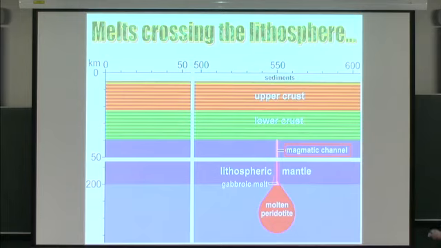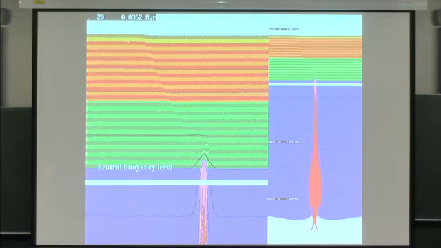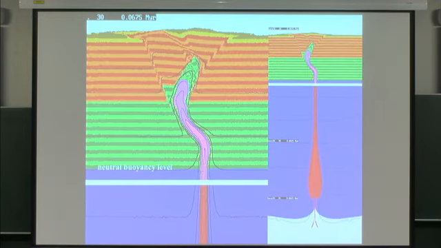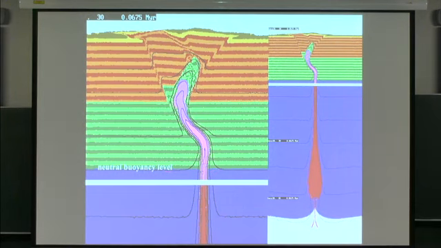There is a magically forming magmatic channel, which ends up at the bottom of the crust, characterized by hot temperature, so it's like a feeding dike. And I want to understand where these melts will go. As you see, these melts do not pond, because the density of this partially molten magma is somewhere in between the density of the lower crust and the density of the lithosphere.